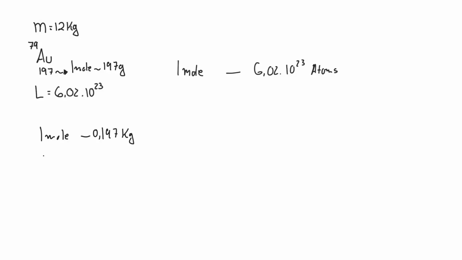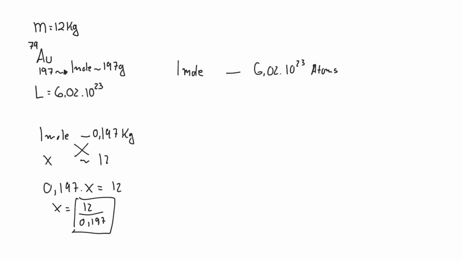And now, X moles are present in 12 kilograms of gold. Then, doing the cross multiplication, we get that 0.197 times X is equal to 12. So X is equal to 12 divided by 0.197. And this is the number of moles of gold in 12 kilograms of gold.